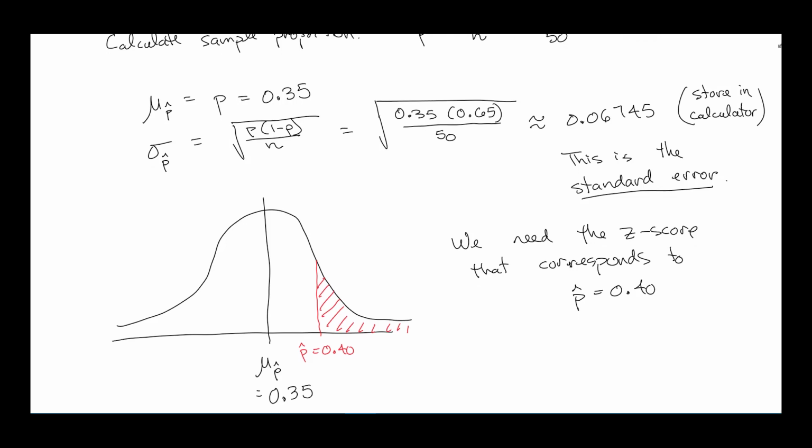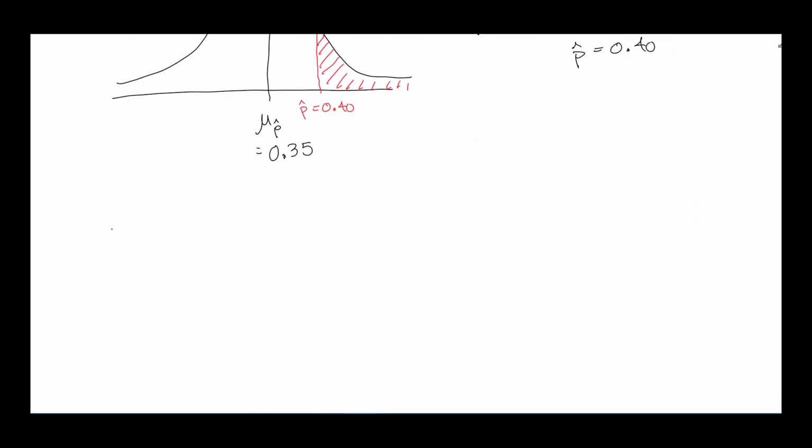Okay, so how do we find the z-score? My z, remember, is always going to be the value, so in this case the p-hat, minus the mean of all the p-hats, divided by the standard deviation of all the p-hats. Okay, so for us, what's our p-hat that we're interested in? 0.40. What's the mean of all the p-hats?